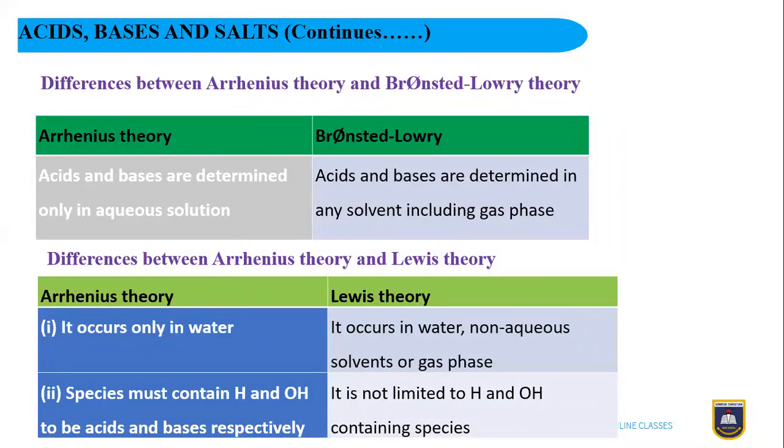So Arrhenius doesn't classify ammonia as a base. But can you imagine? That's a weakness of his theory. The fact that you must contain OH, you must contain H necessarily before you are called an acid or a base is a huge flaw in his theory.